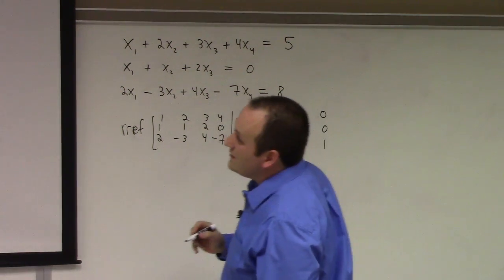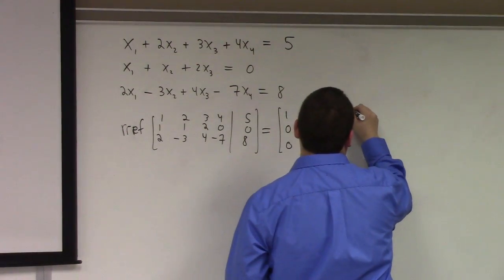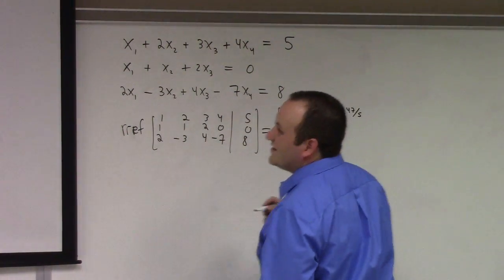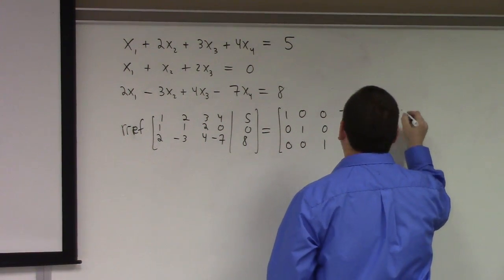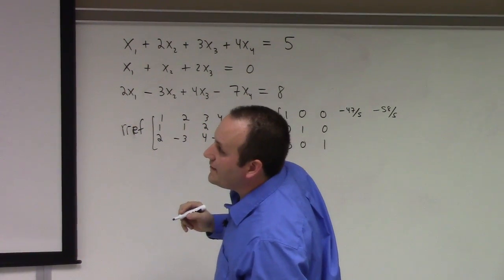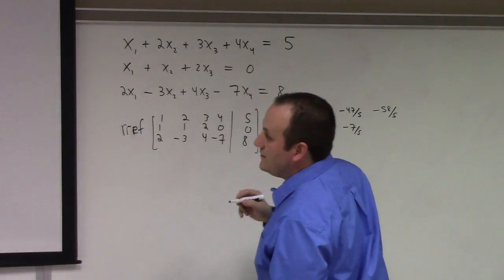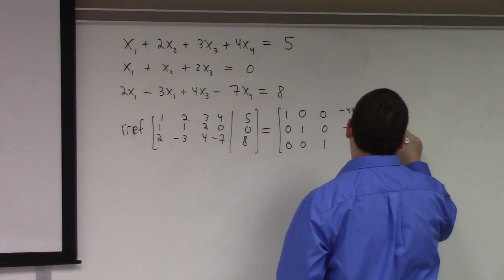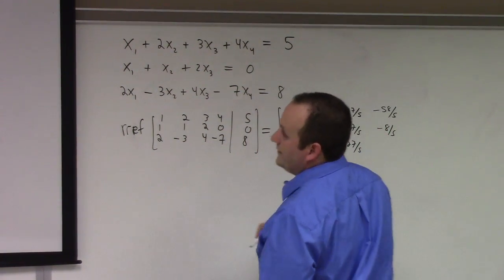Then the other ones I have to think. -47/5. Interesting. And then -58/5. Then -7/5, -8/5, 27/5, and 33/5.